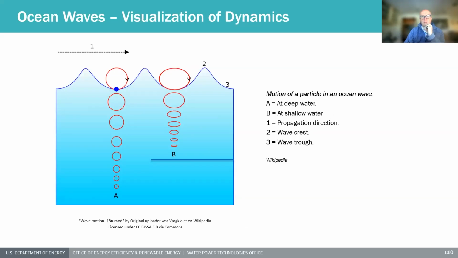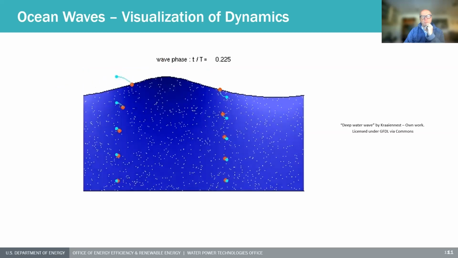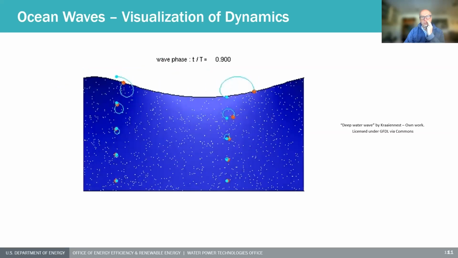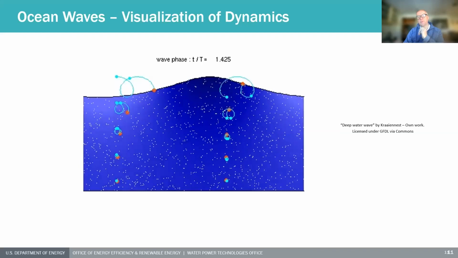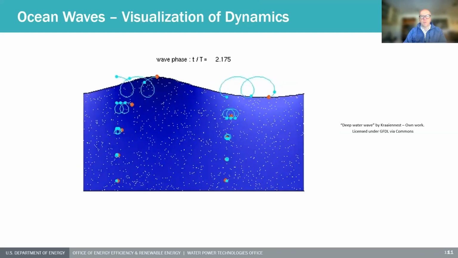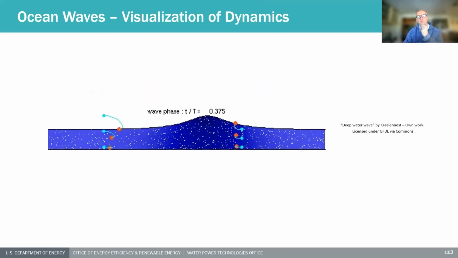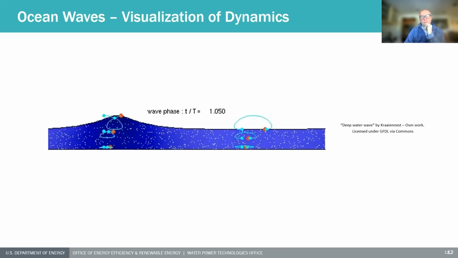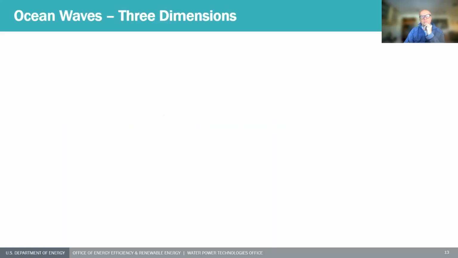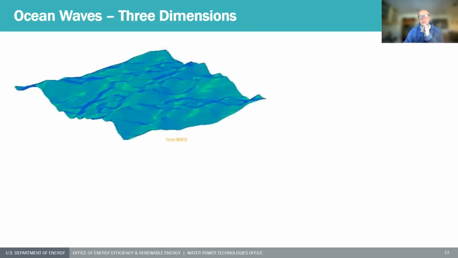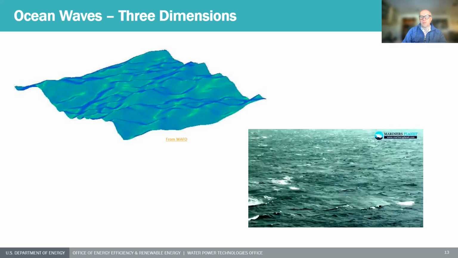We looked at the particle motion, and with some animation, understanding the rotation plus shift of a typical wave, and then a different wave shape was also displayed. Clearly, in the real sea, things are much more three-dimensional and non-uniform. So that's a visualization of that, and here real sea on the right-hand side.